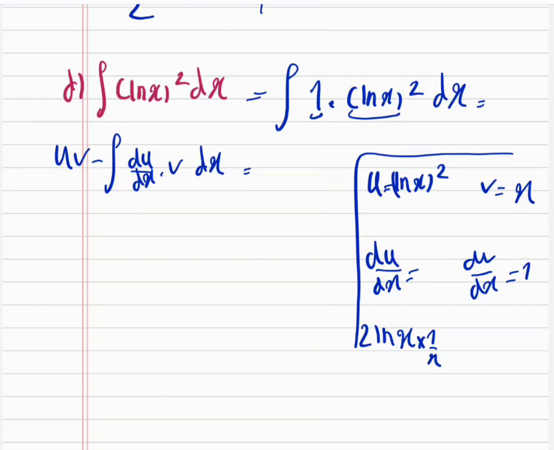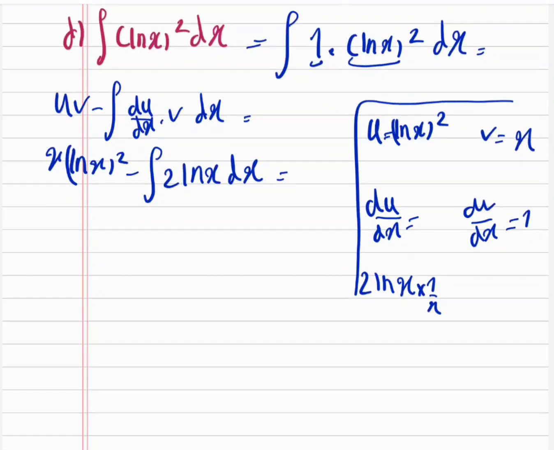And now, uv is just x (ln x) squared minus, inside we have du/dx, which is 2 ln x over x, times v, which is x. So this times v will cancel out, so the x and 1 over x will cancel out, and we'll only have 2 ln x dx.